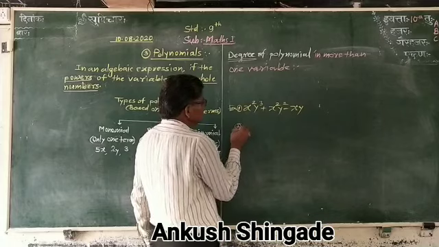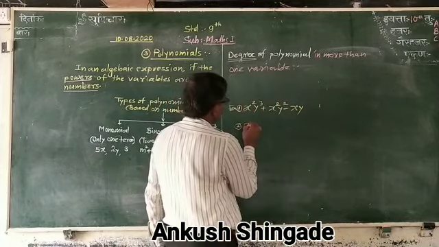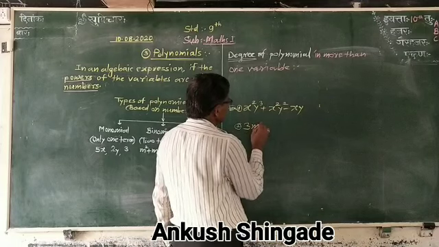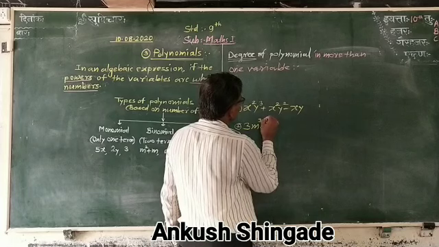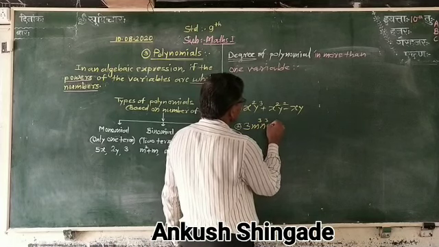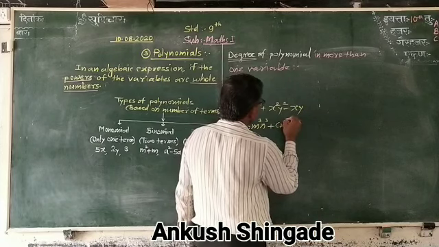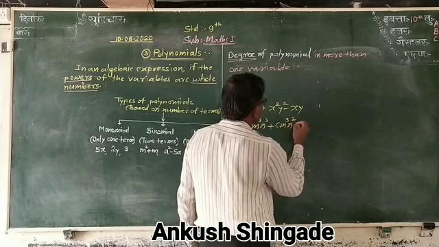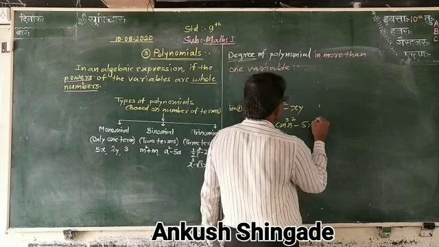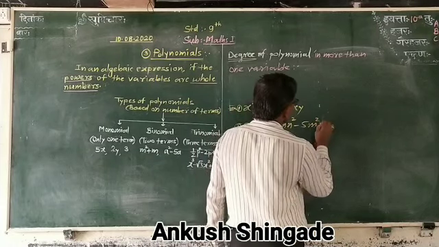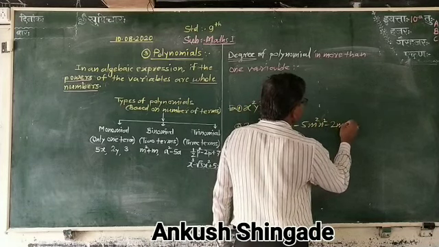Then second example, study about 3m cubed n cubed plus 6m cubed n squared minus 5m squared n squared minus 2m.